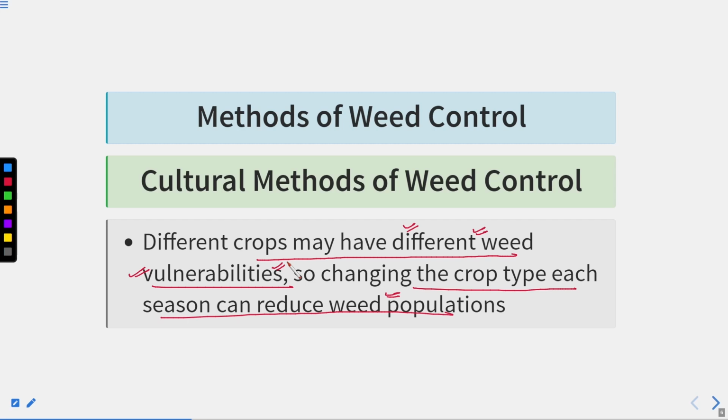So once you are growing a wheat plant in this particular land, then next season you can grow some other crop, right? So changing the crop type each season can reduce the weed population. In this way, crop rotation is going to help, and it can reduce the weed population.